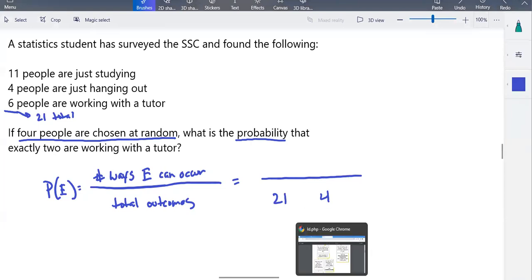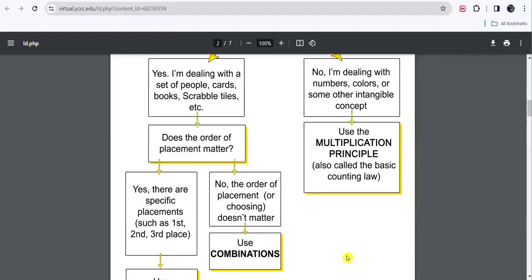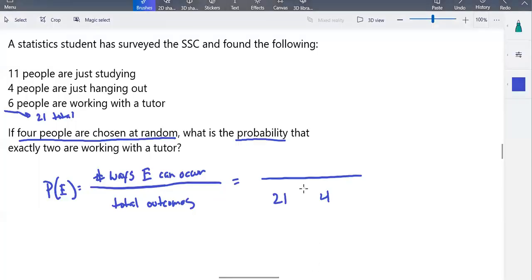There's no mention of order whatsoever. And so I'm going to say no, order doesn't matter. So I'm going to use combinations. Now you might have done this already, and if so, awesome. So that's our total. Our total possible outcomes is 21 choose 4, or 21 combination 4. So that's the total. Let's look at the more specific part now.